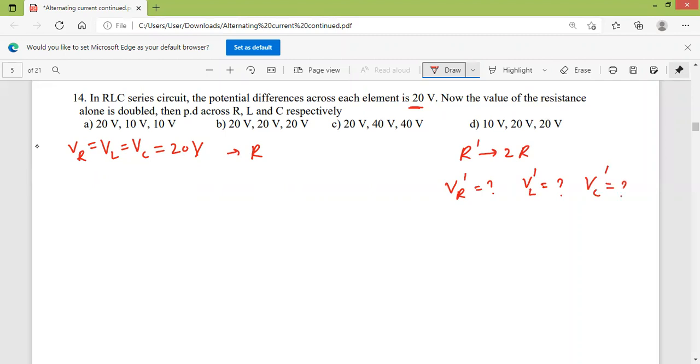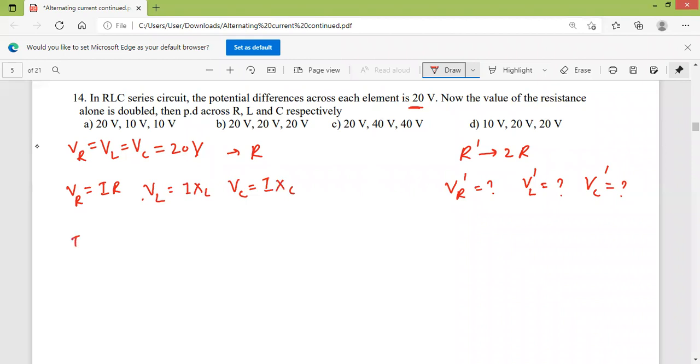To calculate these, we know that VR = I R, VL = I XL, and VC = I XC.